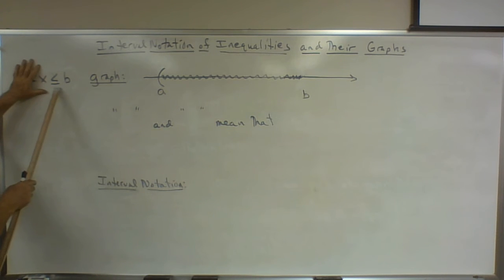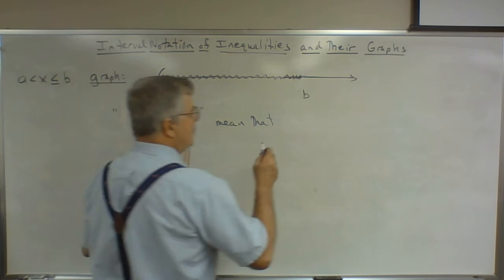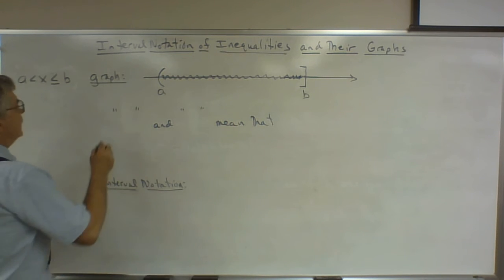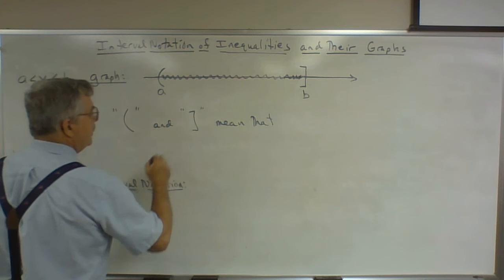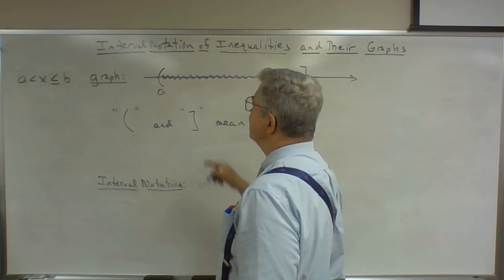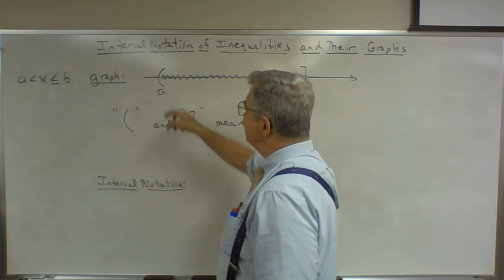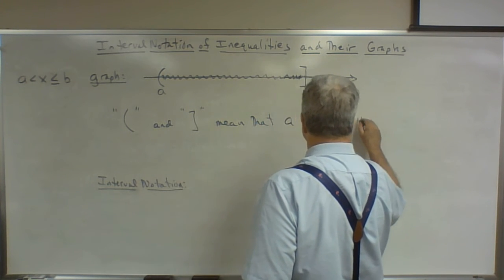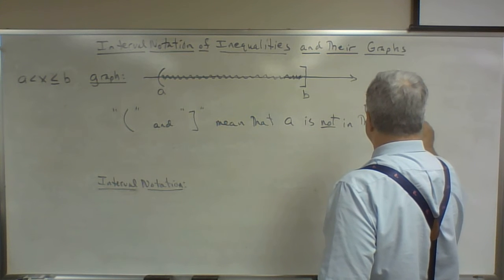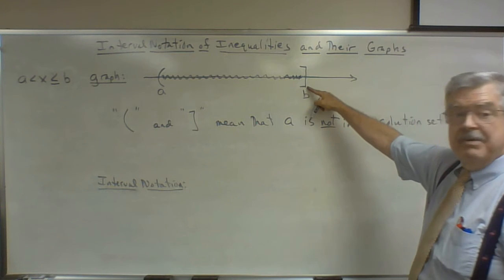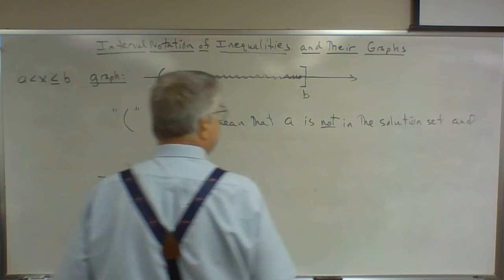This part says that x can equal b. So I'll put a square brace over b. This means that a is not in the solution set. This means that b is in the solution set.